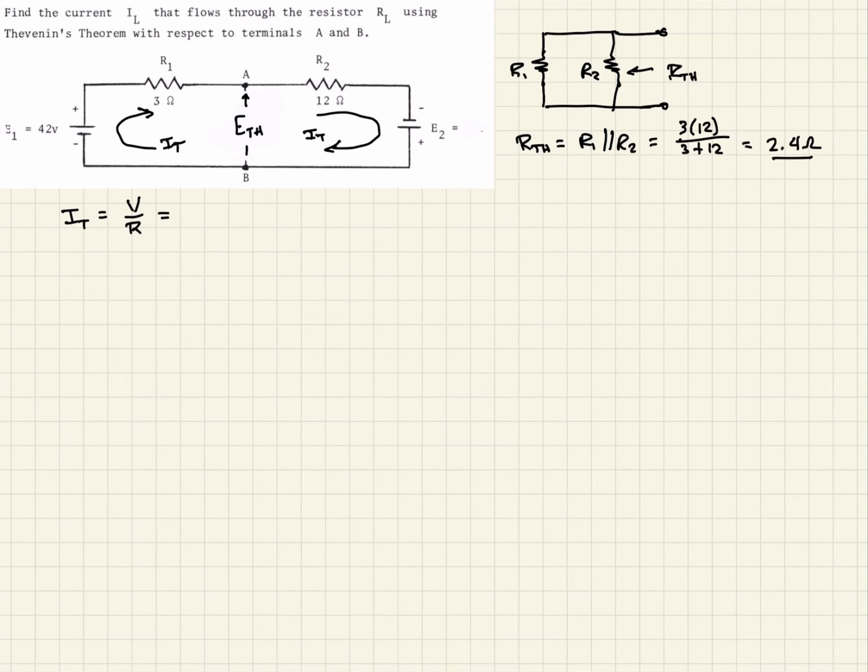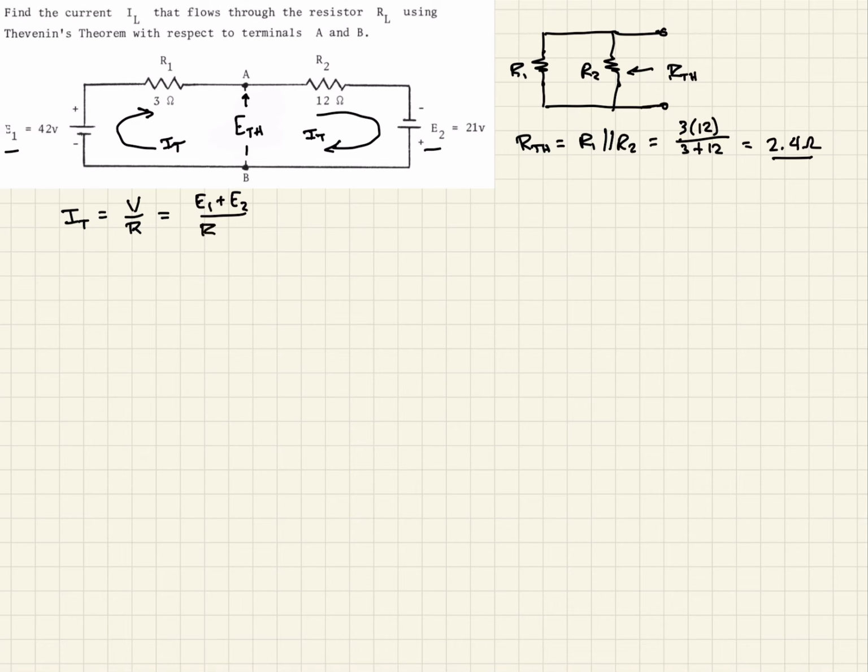So IT in this case would just be the total voltage around the loop over the total resistance. With the total voltage, we can see that E1 is 42 volts and E2 is 21 volts. E1 and E2 are both pushing the current around the loop. And so the voltage will just be E1 plus E2. And then the total resistance is just R1 and R2 in series, right?